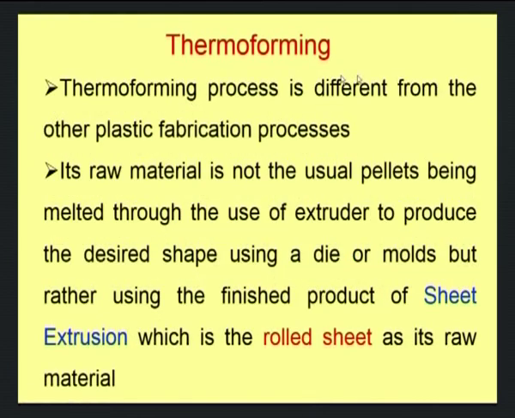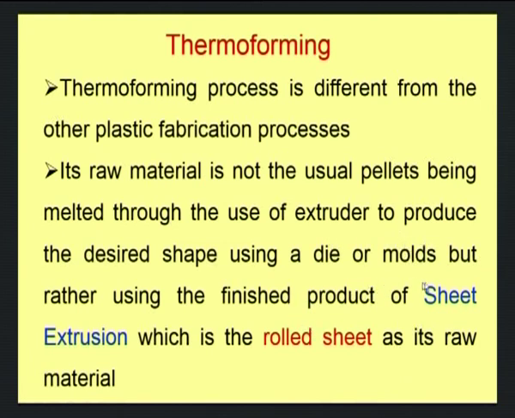Now, looking into how it is different from the other plastic fabrication processes, here the raw material is not the usual pellets that are melted through the use of an extruder. In a single screw extruder, what you have seen earlier in extrusion molding, the hopper is fed with polymeric materials in the form of pellets, and then it is melted to produce the desired shape using a die or mold.